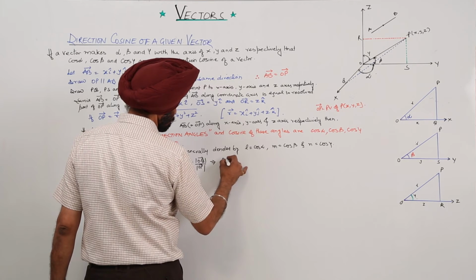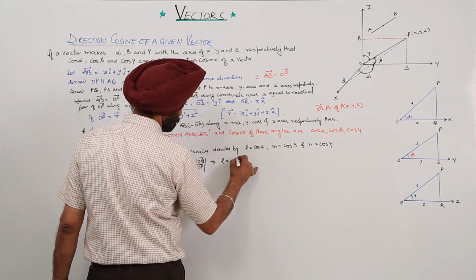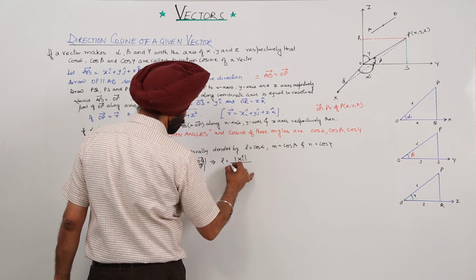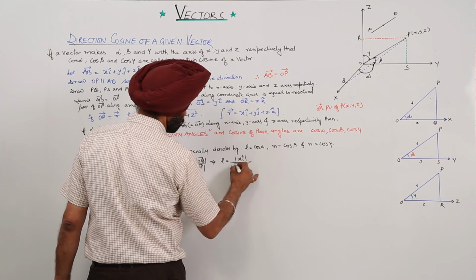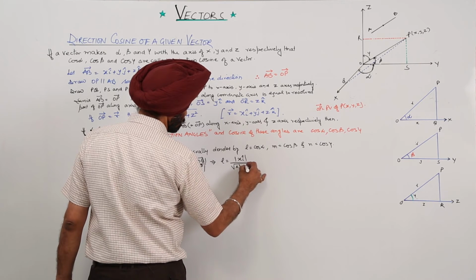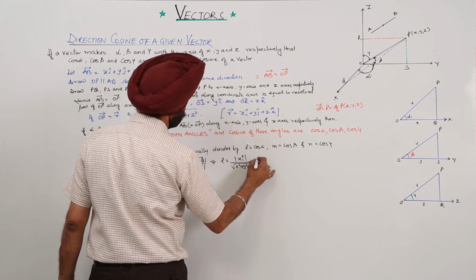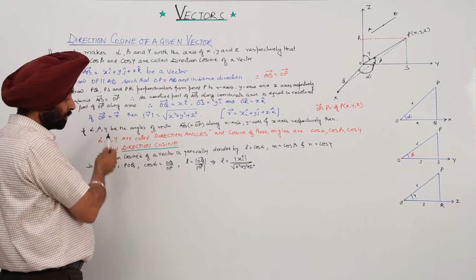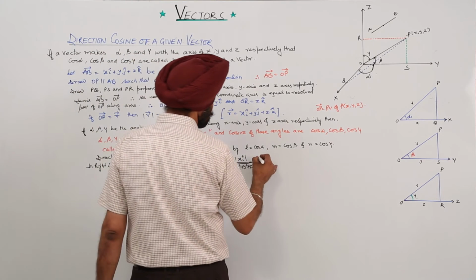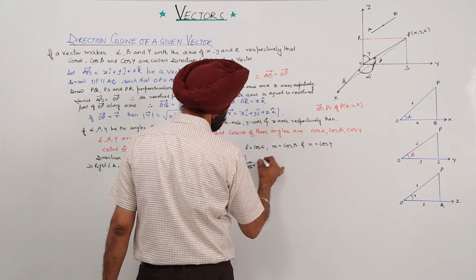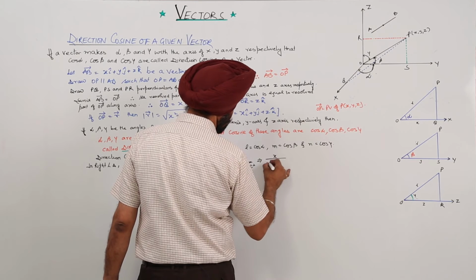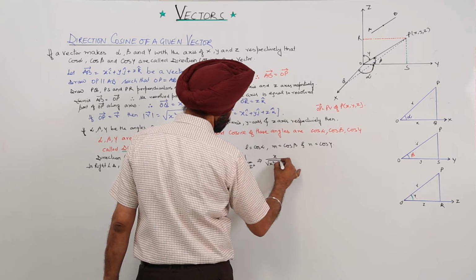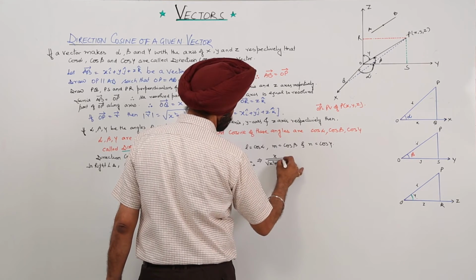This implies L is equal to x i cap upon OP, that is vector R, the square root of x square plus y square plus z square. So this will become x upon square root of x square plus y square plus z square.